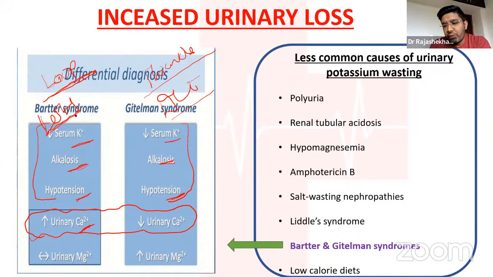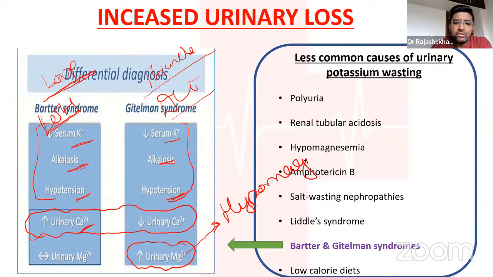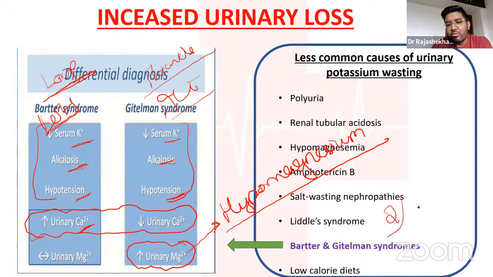There is another entity which might be tested in the exams, that is the differential magnesium excretion. Gitelman's is associated with hypermagnesiuria, that is increased magnesium excretion, and that's why this condition is associated with hypomagnesemia. So whenever the question asks for the differential diagnosis between Bartter and Gitelman, you can look for the urinary calcium excretion and the serum magnesium concentration, that is hypomagnesemia.